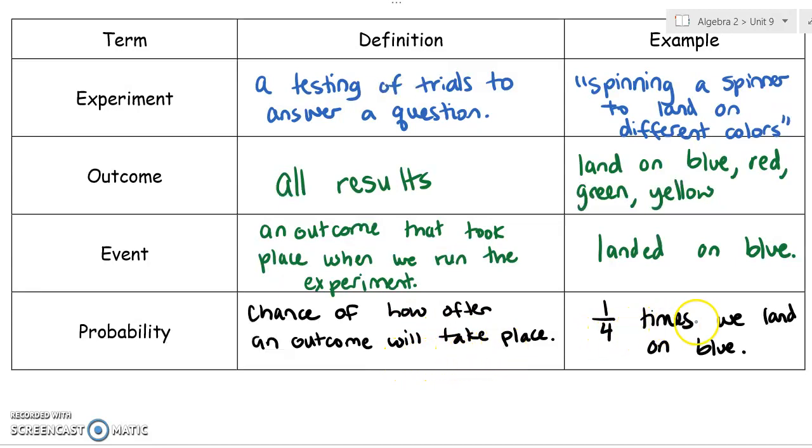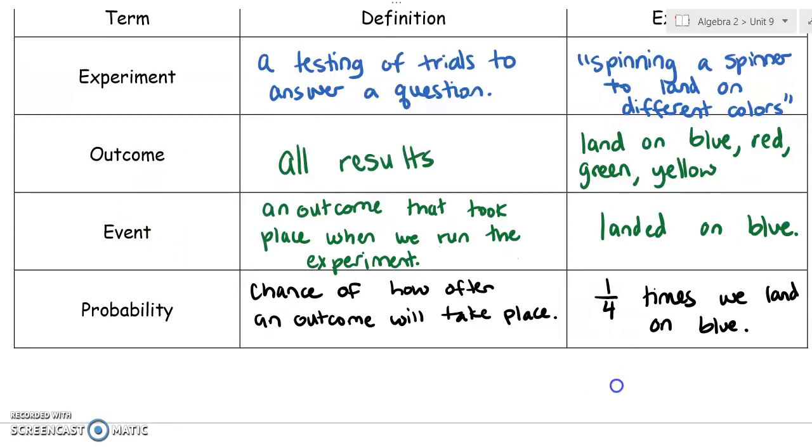Well, 1/4 of the times we will land on blue, so that would be my probability. I can predict that. Those are the differences. Make sure you understand the difference between the words, especially outcome and event, because outcome is a listing of all of the possible results, and an event is just one of them. So just know the difference between them.